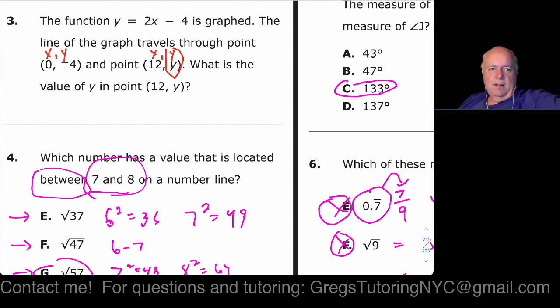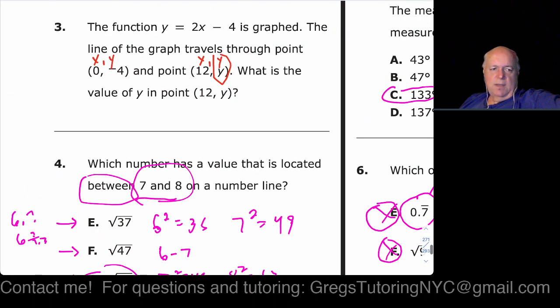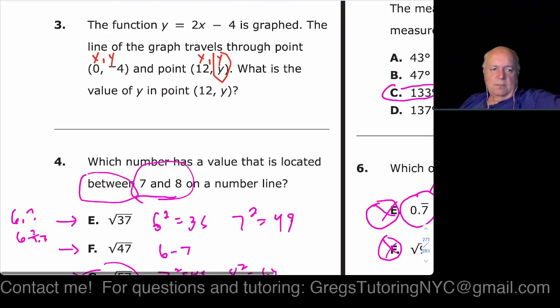One way to do that is just run the slope on this. So we get delta y over delta x, right? We know the slope is 2, by the way, because of the 2x minus 4, and we're going to use that to our advantage.